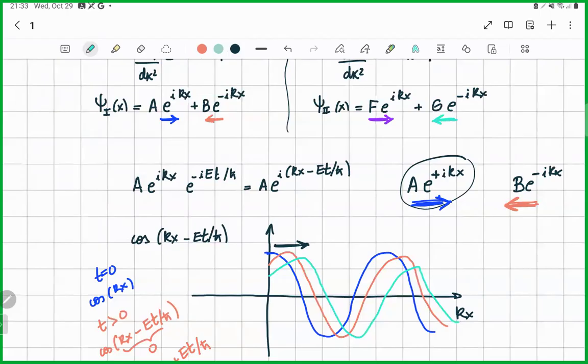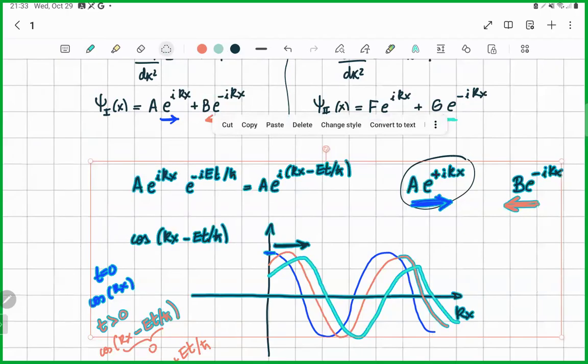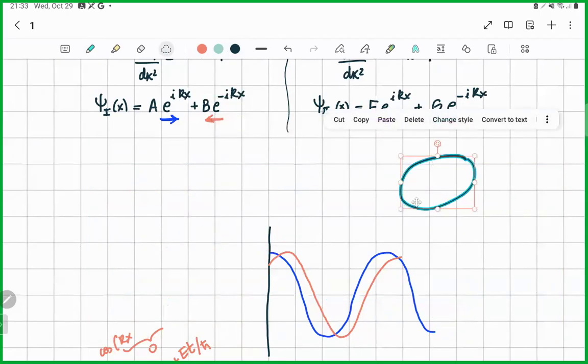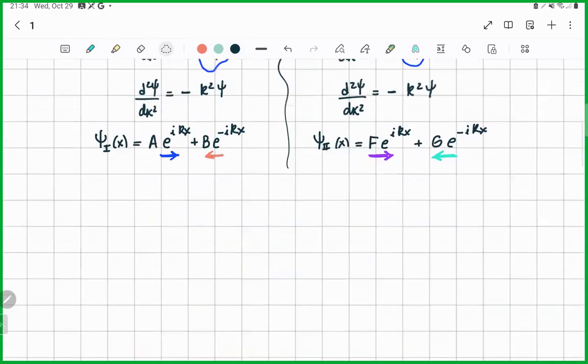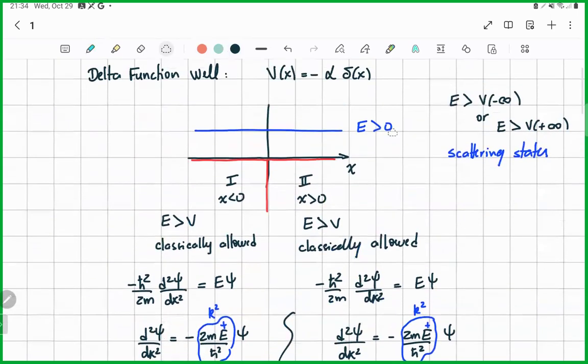Okay, why is this important? Well, writing with exponential of i, we can distinguish these parts, and this is going to be very important in our problem. I'm going to show you right now why. Let me bring back our plot here.